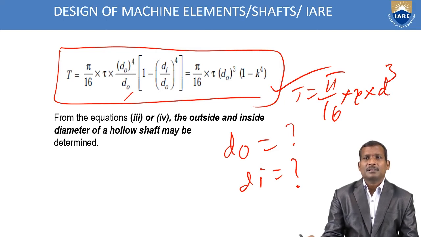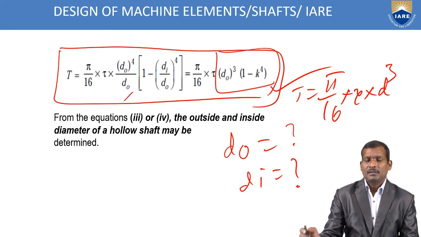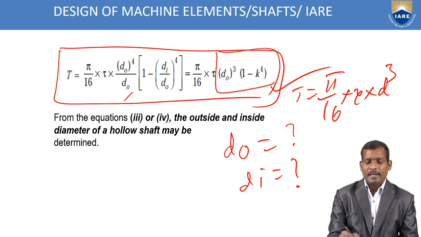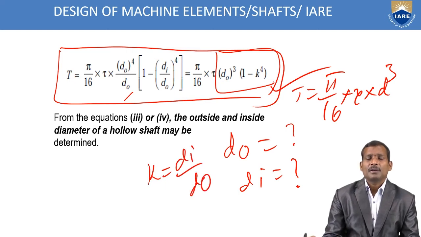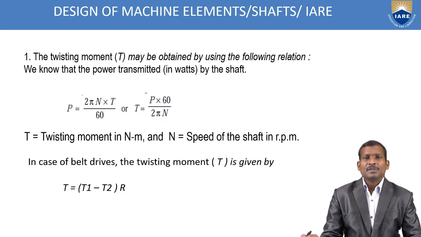But in this case, instead of d cube, you will get d_0 to the power of 3 into (1 minus k to the power of 4). What is k? K is d_i by d_0, the ratio of inner diameter to the outer diameter of the shaft. Clear?